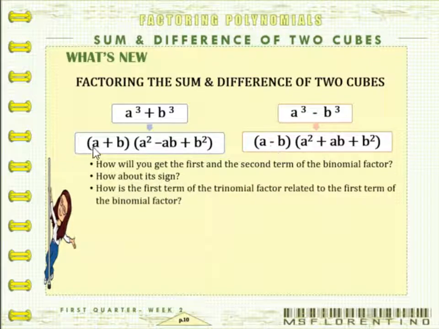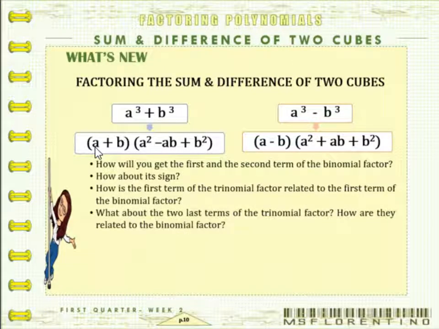How is the first term of the trinomial factor related to the first term of the binomial factor? The first term of the trinomial factor is the square of the first term of the binomial factor.